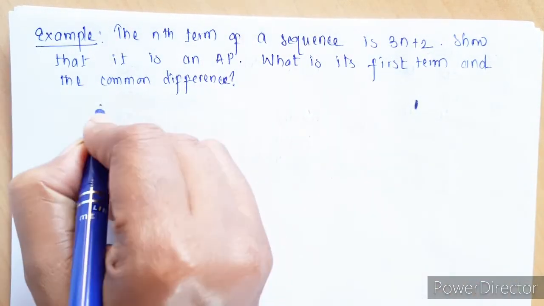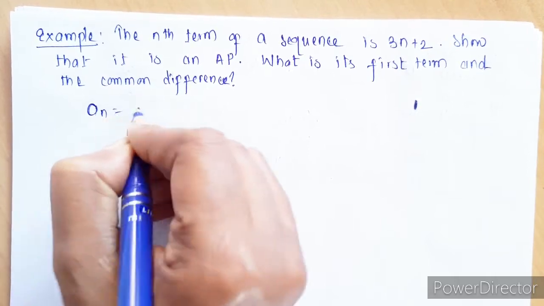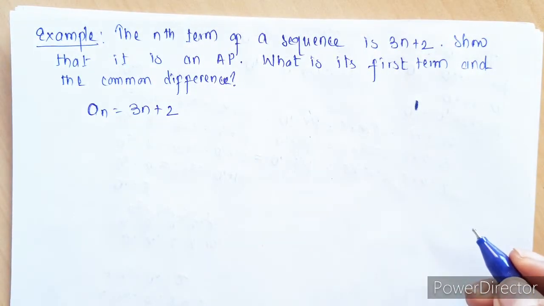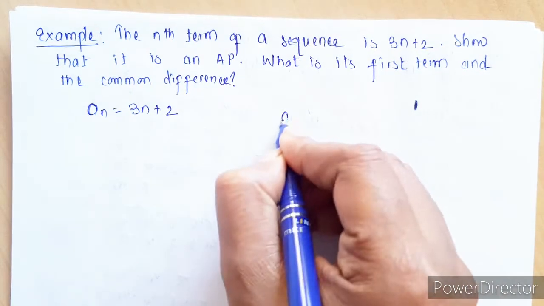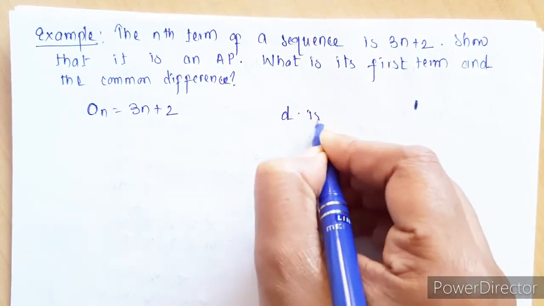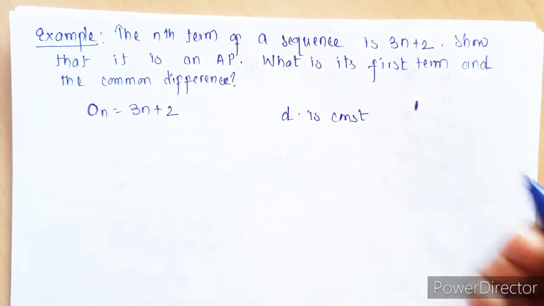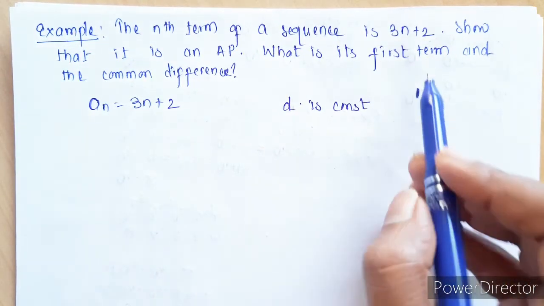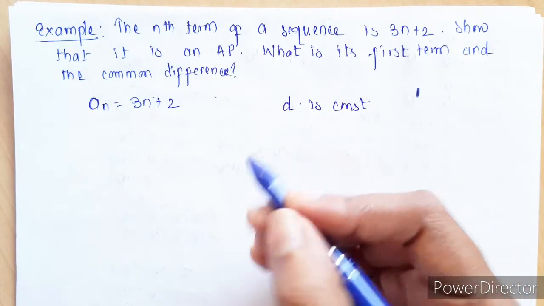Since the nth term is given, we have an equals 3n plus 2. Now, we just have to show it is an AP. How can we show it is an arithmetic progression? By showing that the difference d is constant. If the difference is constant, we can say it is an arithmetic progression, and then we find the first term and the common difference.